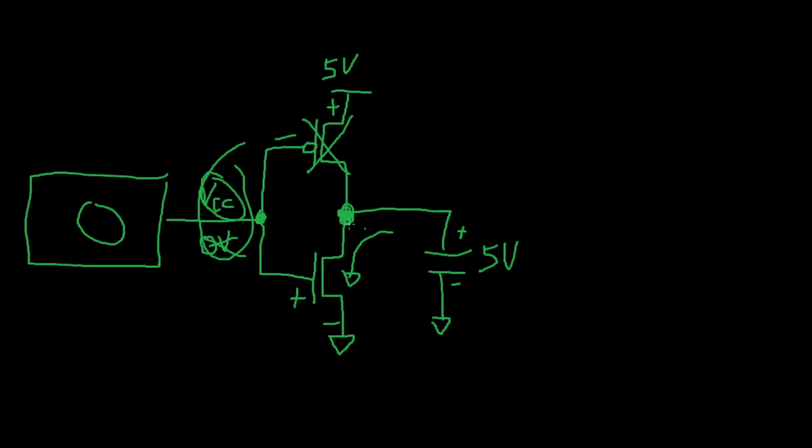Then our MOSFET down here turns on. This one's off, so it's not contributing anything to our conversation here. And the question is, what does this capacitor do when this MOSFET is turned on instantaneously? So in order to answer that, we're going to have to look at how a MOSFET works in some detail.